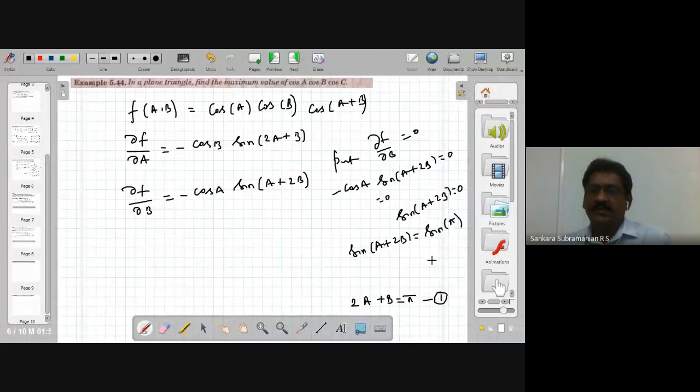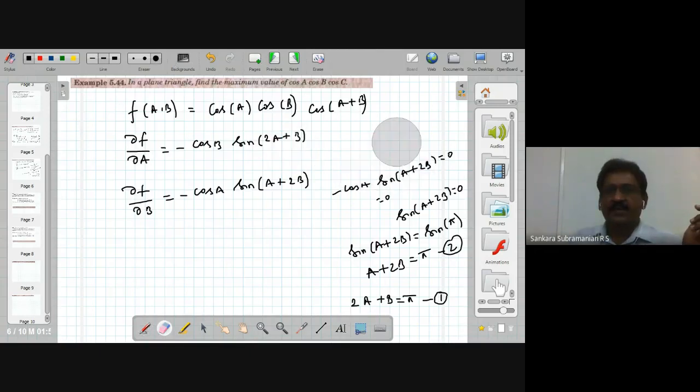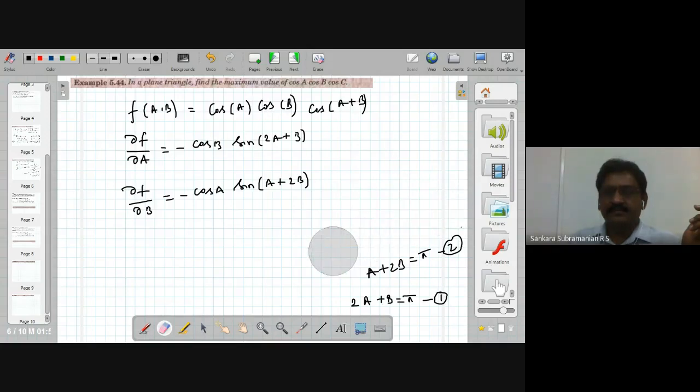We could put 2 pi or 3 pi, I just use pi. Putting 0 would again give angles of 0, you can try it. So I want an angle a plus 2b equal to pi. This is the second equation. Can you tell me, solving these two equations, what do you get? Yes.